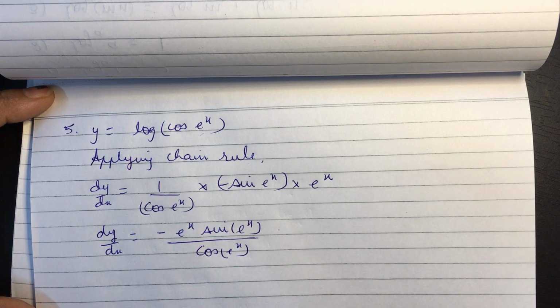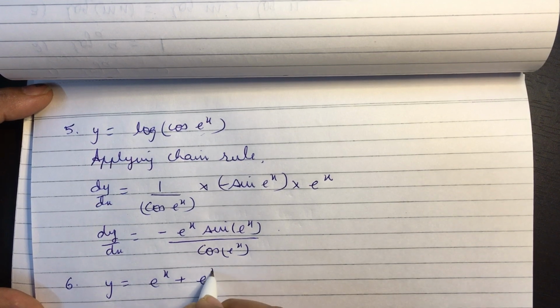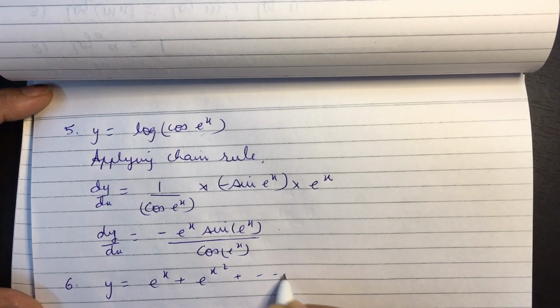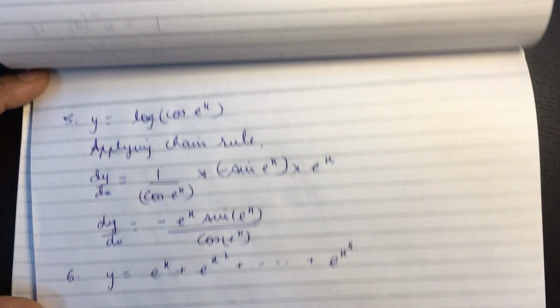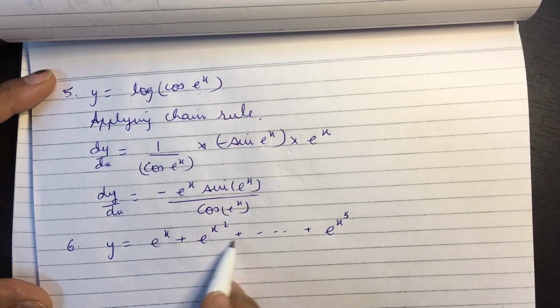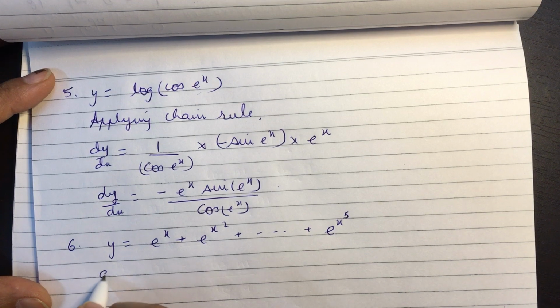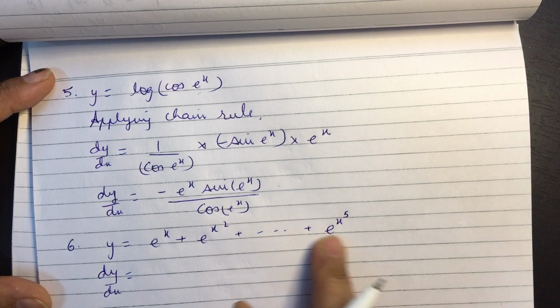Now, let us try one more question. Let us take question number 7, or let us take 6 also. Now, here y is equal to e raised power x, e raised power of x square, and so on, e raised power of x raised power of 5. So, again applying chain rule plus the law of addition, you get dy by dx equal to derivative of this plus derivative of this plus derivative of so on and so forth.